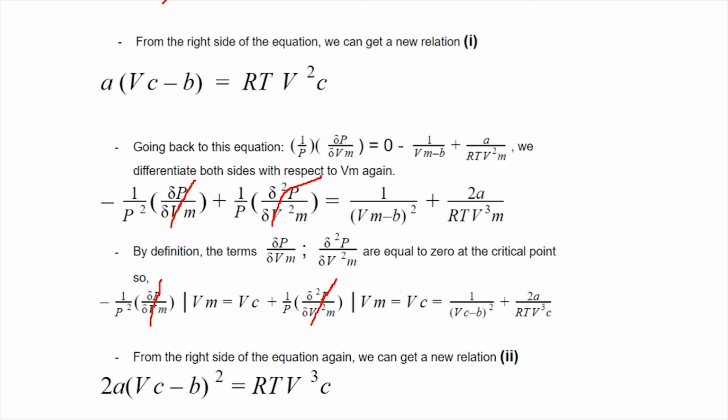Now from the right side of the equation once again, we can get equation number 2, which is 2a times Vc minus b squared is equal to RT Vc cubed. And dividing equation number 2 by equation number 1, we get 2 times Vc minus b is equal to Vc. And solving for Vc, we get the critical volume Vc is equal to 2b.